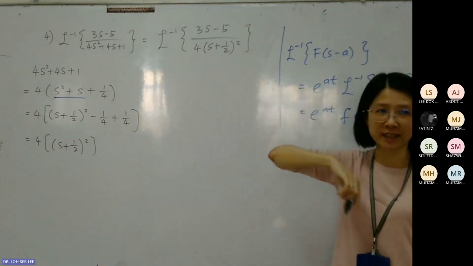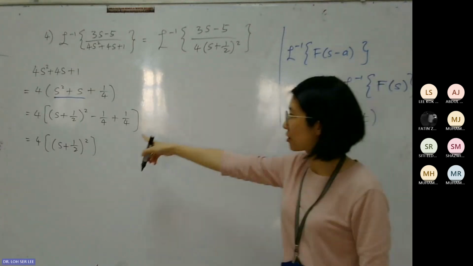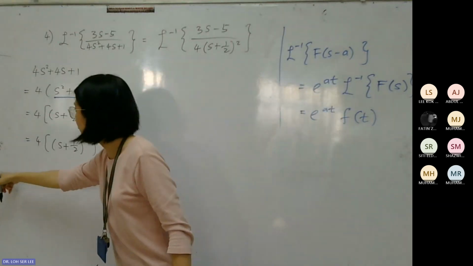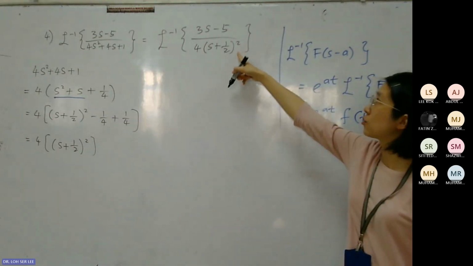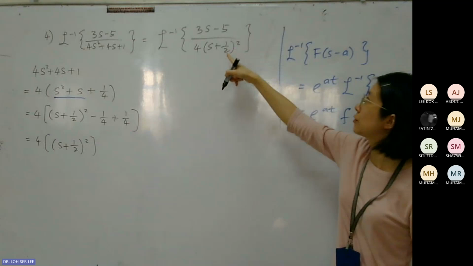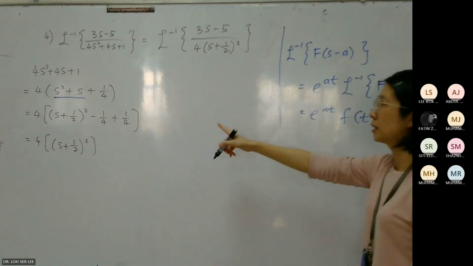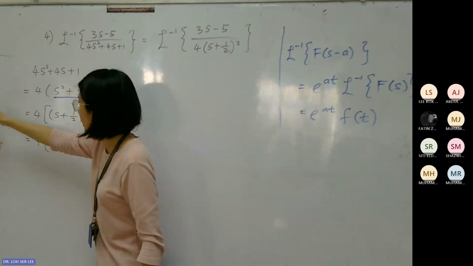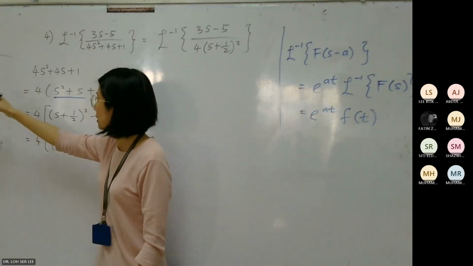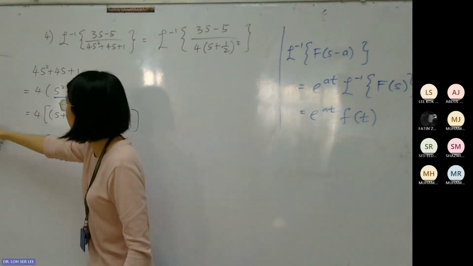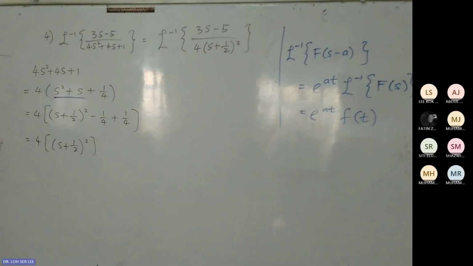We don't use cos or sine because with cos or sine, you have a squared. We do not have a squared here after the s squared. So we use the one with the square.